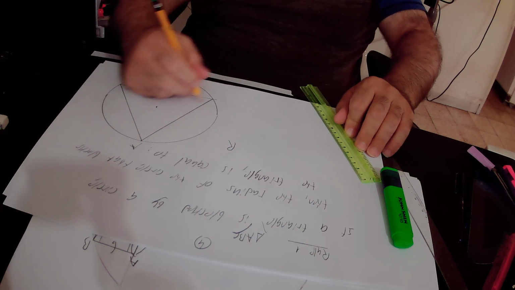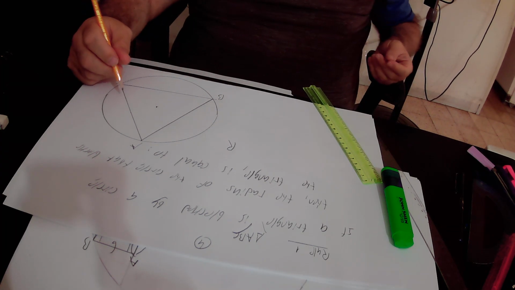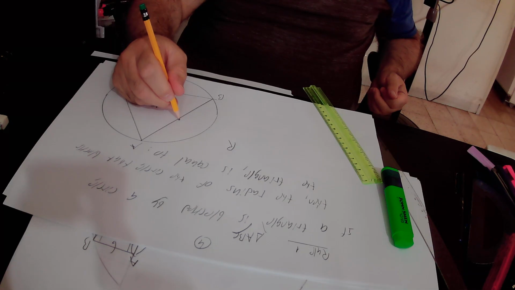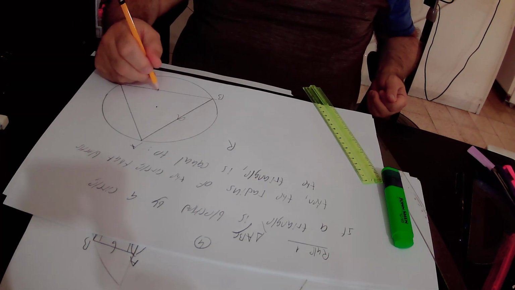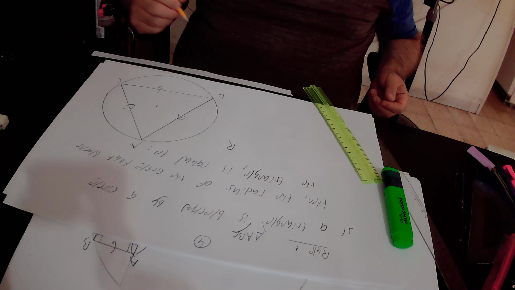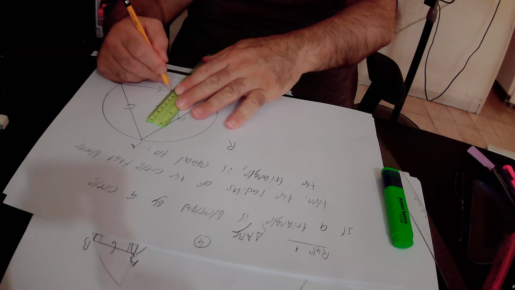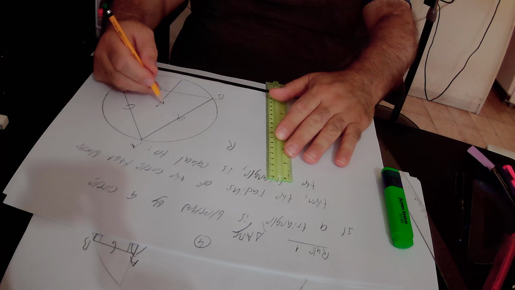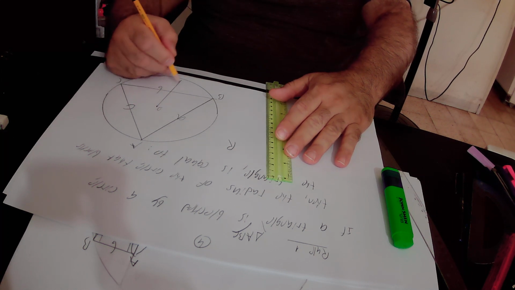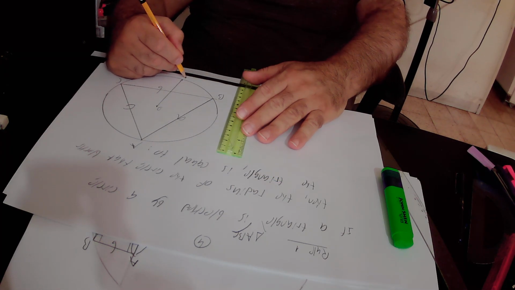This is triangle ABC that is blocked by this circle, and we know that the length of side AB is equal to A units, side BC equals B units in its length, and side AC equals C units in its length. And the radius of this circle is equal to capital R, OM equals capital R.